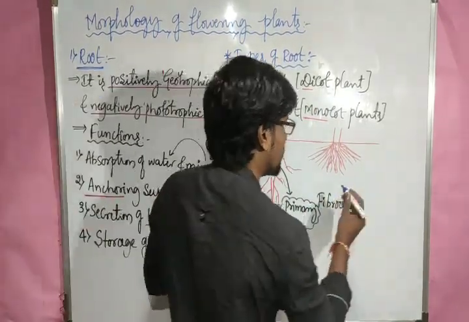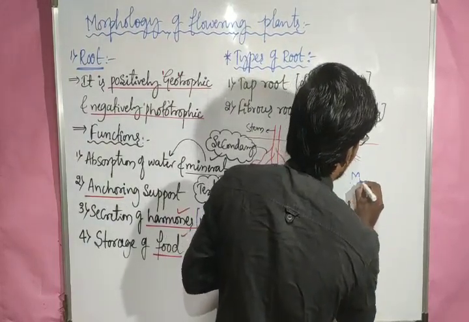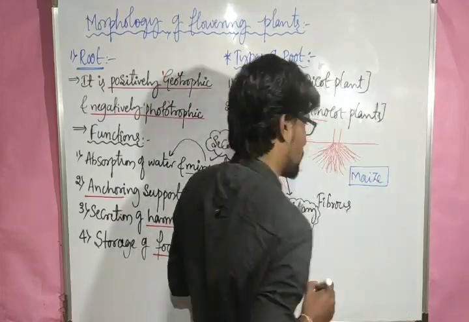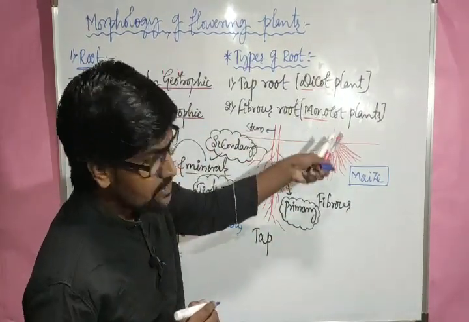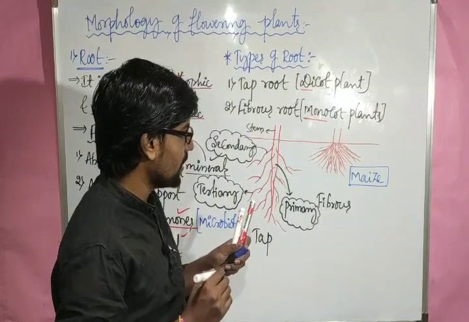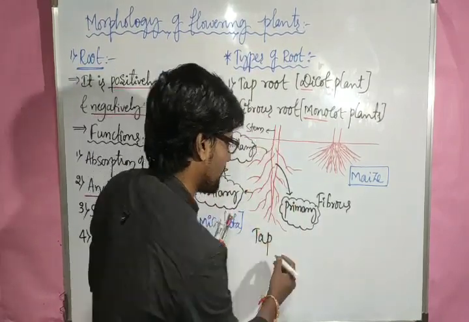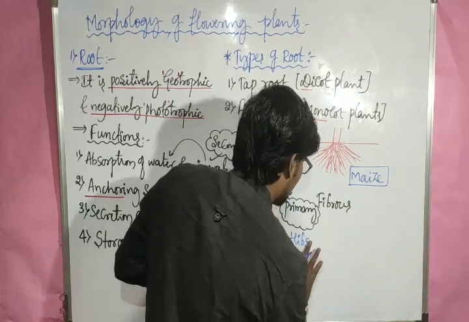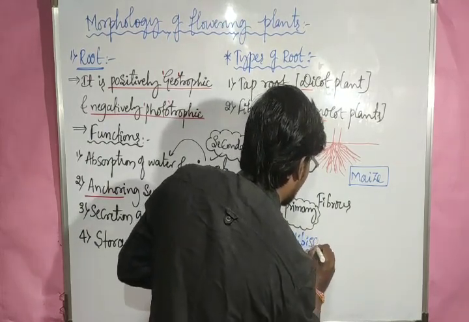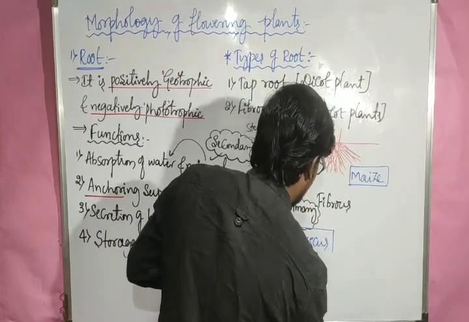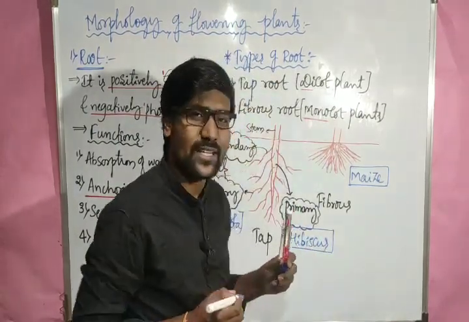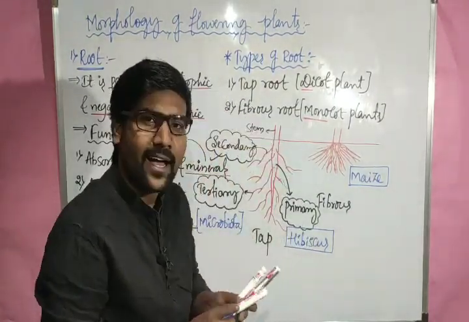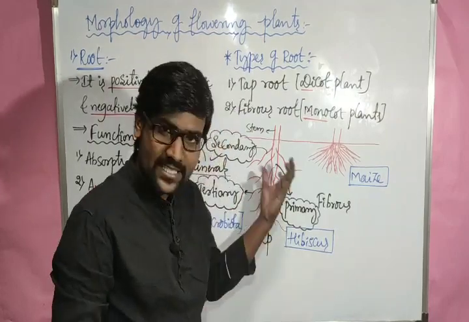Say for example, in case of maize, mekkejola, corn, we can observe this kind of root. And this is the major one. Say for example, in case of hibiscus or in case of sunflower, hibiscus andre hibiscus dhaswala, so that is a dicot.